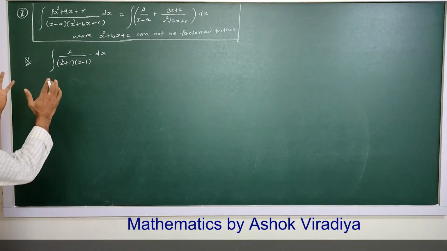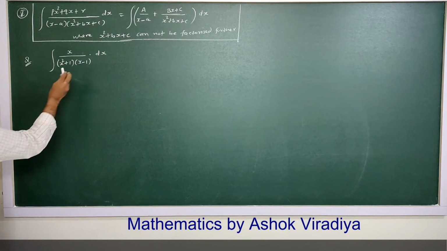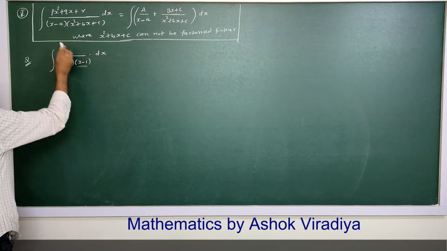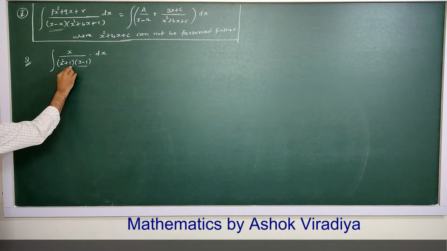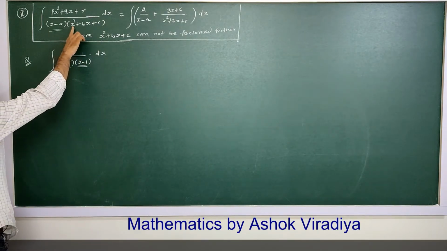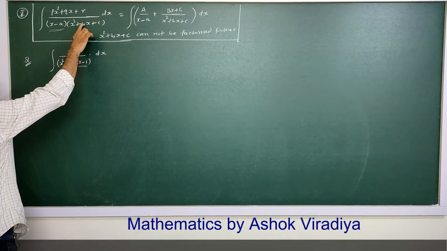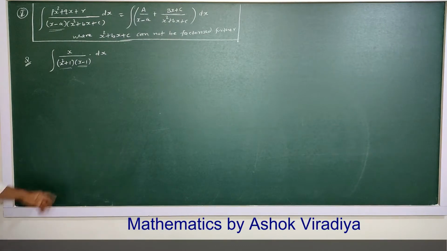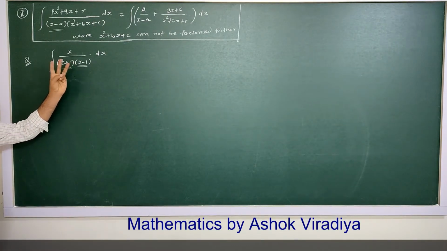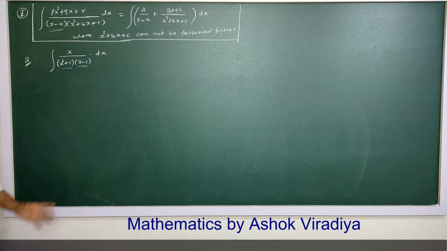Now see, we understand it in this question. Look here, this is a linear factor like x minus a. This is a quadratic factor like x square plus 1. In this case b is 0. If you keep b 0, c 1, so x square plus 1. The degree of the denominator is 3. The degree of the numerator is 1, that is smaller.